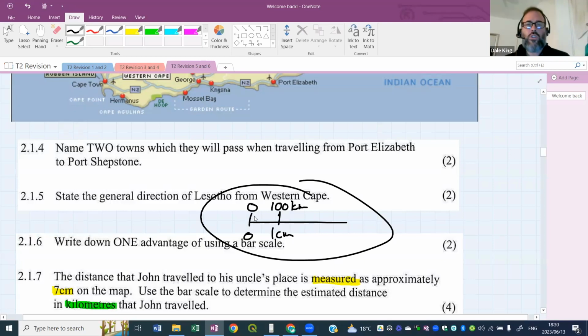How far did John travel in the real world? You guys can do that one. Shouldn't take you long. You should have your pen and papers there. You can use my scale on the screen and calculate how far.